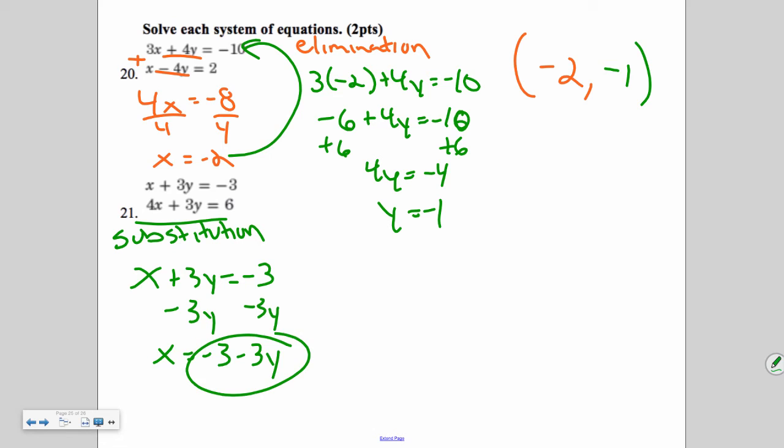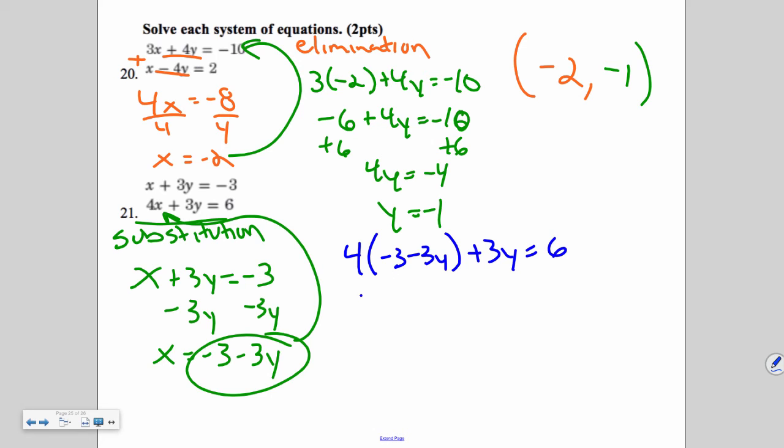I then take this and I plug it in here. So it becomes 4 times -3 minus 3y plus 3y equals 6. -12 minus 12y plus 3y equals 6. -12 minus 9y equals 6.